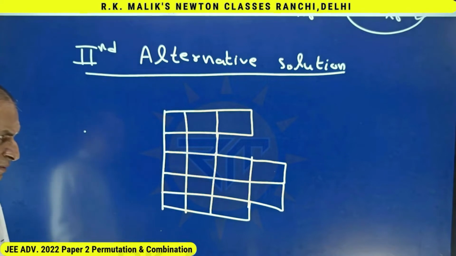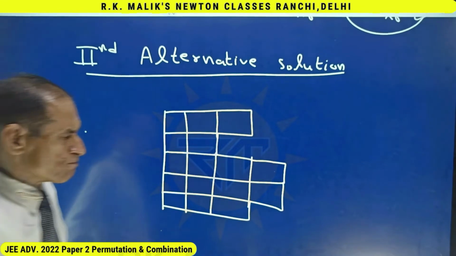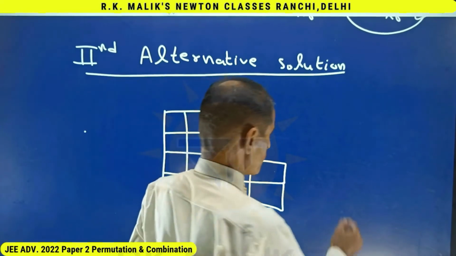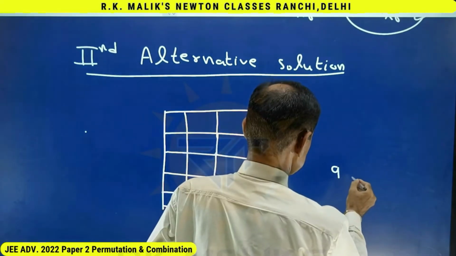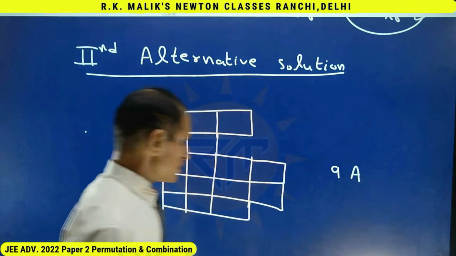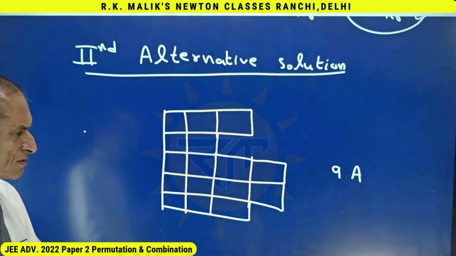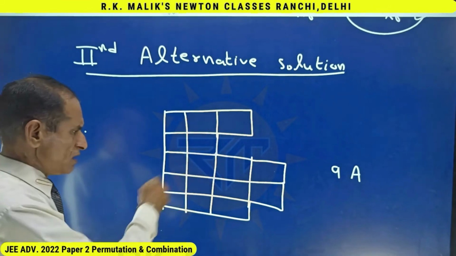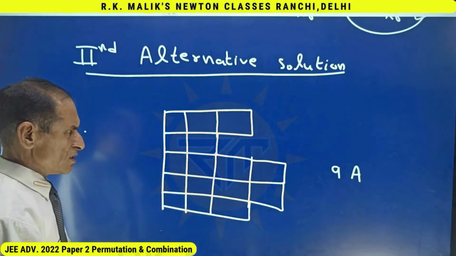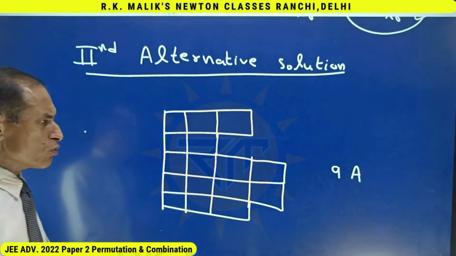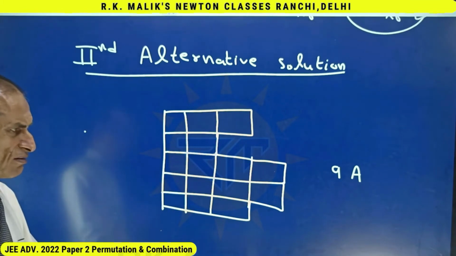Suppose these are the boxes and I have to place 9 A's, that is 9 A letters, in these boxes such that every row should have at least one letter.